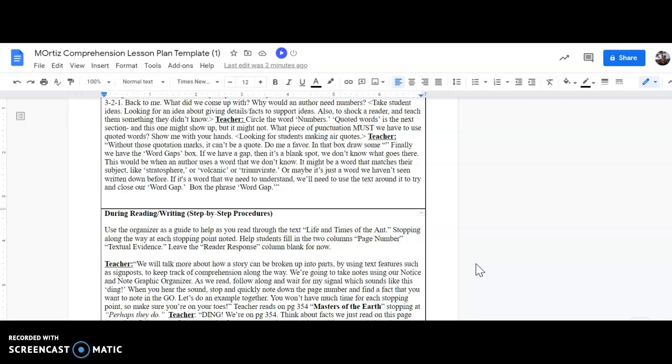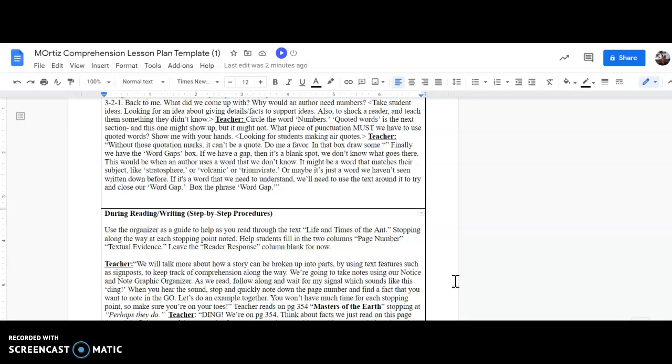All right, so I'll go over this example. As a teacher, I'll say we will talk about how a story can be broken into parts by using text features such as signposts to keep track of comprehension along the way. We're going to take notes using our notice and note graphic organizer. As we read, follow along, wait for my signal, which sounds like this, ding.